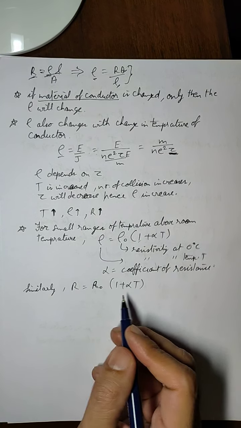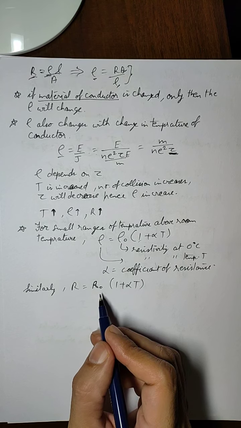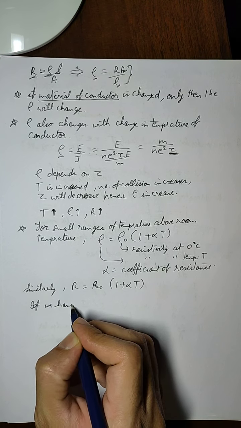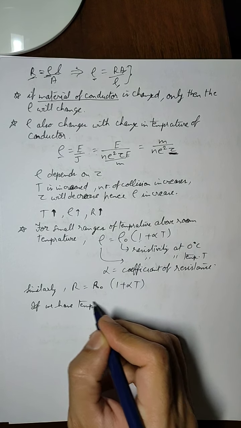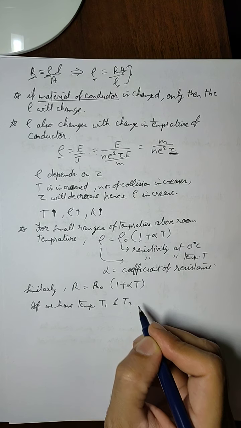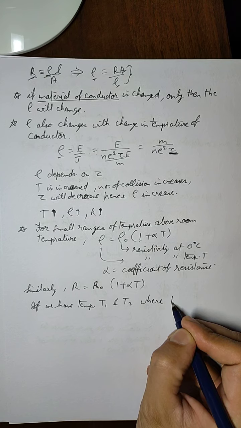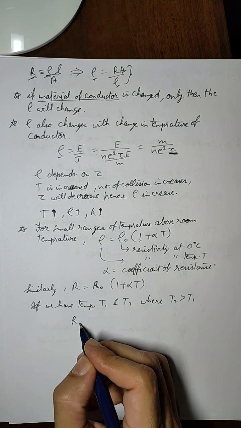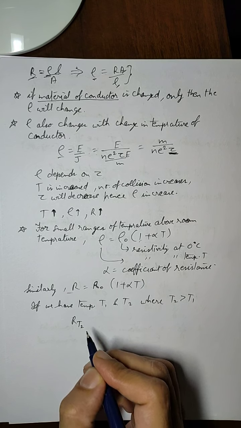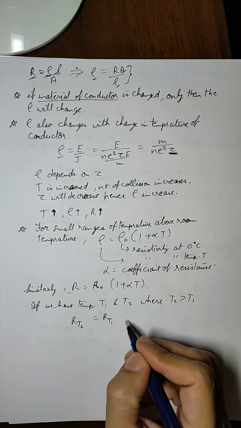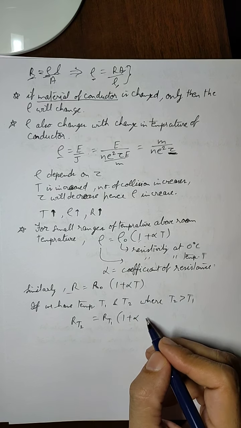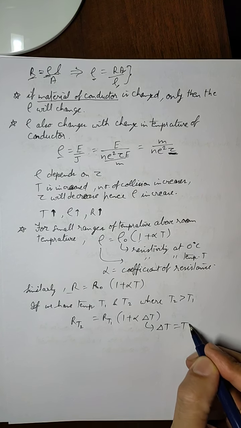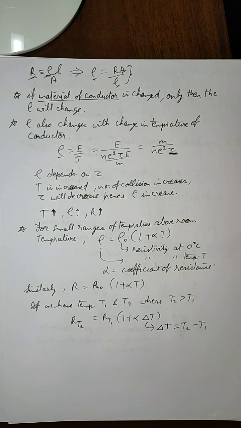Suppose instead of 0 degree Celsius we have two temperatures, T1 and T2, where T2 is the higher temperature. Then this relation can also be written as R T2 equals R T1 times 1 plus alpha delta T, where delta T is the difference between the temperatures.